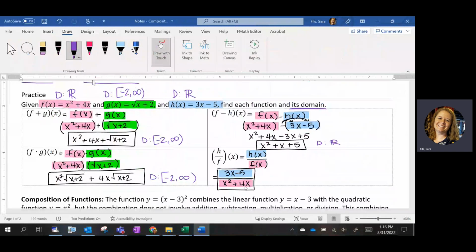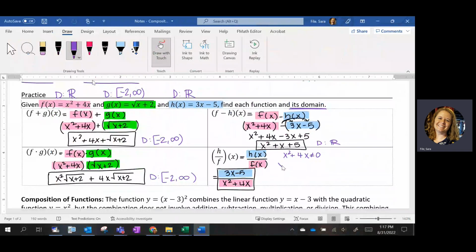So to figure out what x values would make that 0, you set the denominator equal to 0 and solve for x and figure out what x values would be the restrictions. What can x not equal? If you want to put a not equal there to help you understand we're trying to figure out what x cannot equal, that's fine. Okay, so to solve this, I would factor.